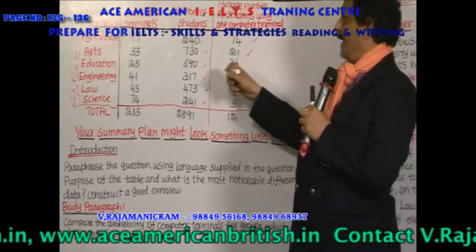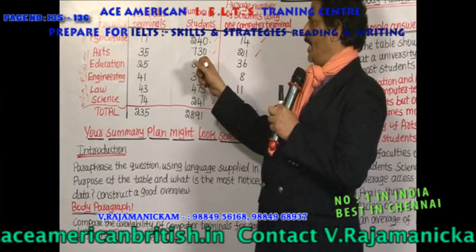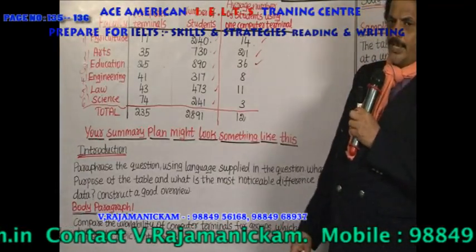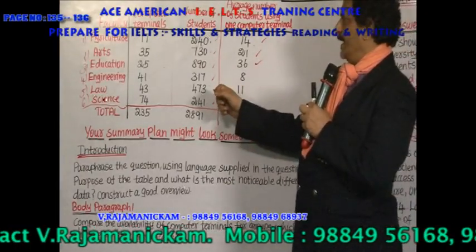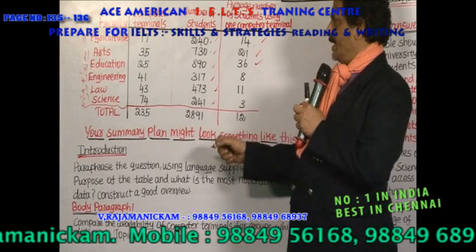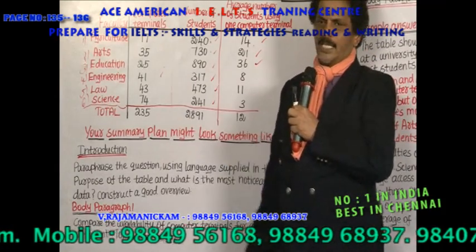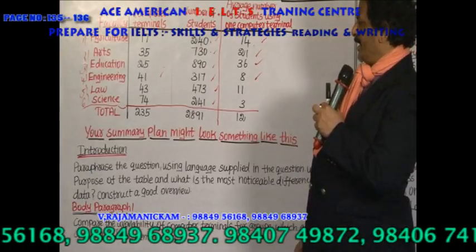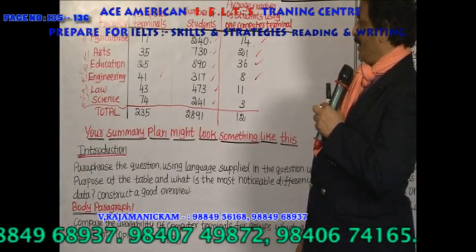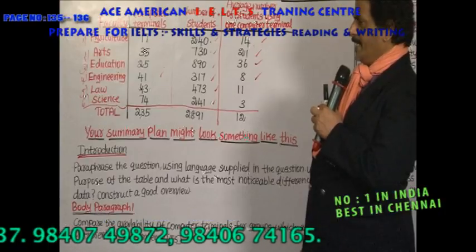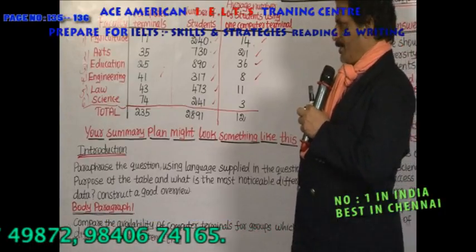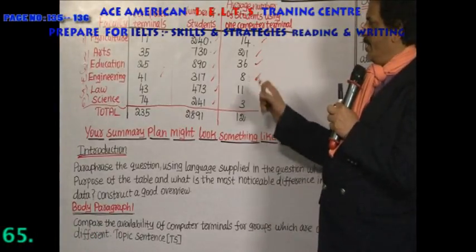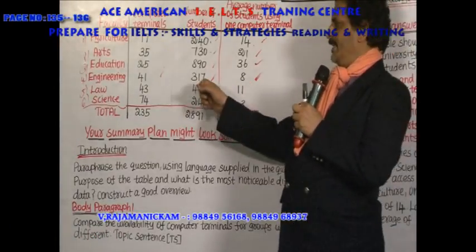In engineering, 317 students and 41 computers, so 8 students are using one computer. Then 473 and 43, so it is 11 students using one computer. 247 and 74, so 3 students are using one computer, right?